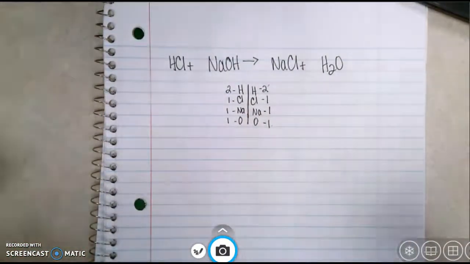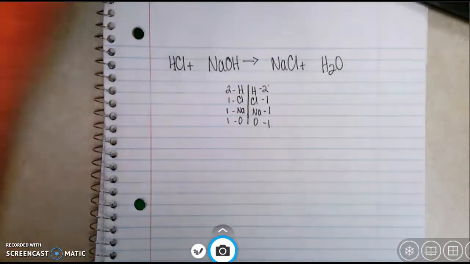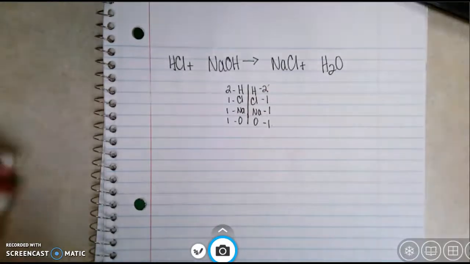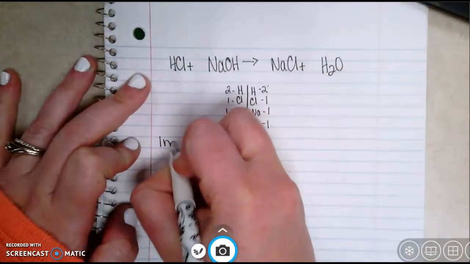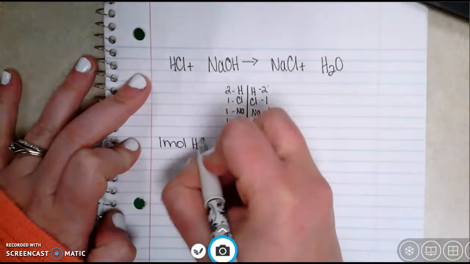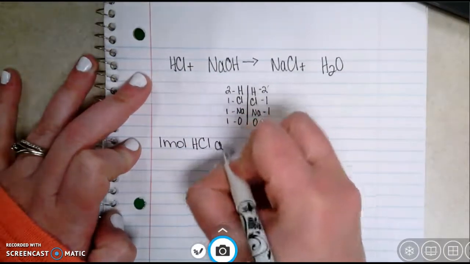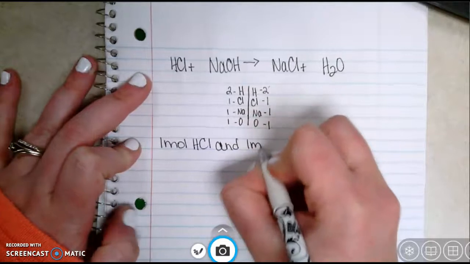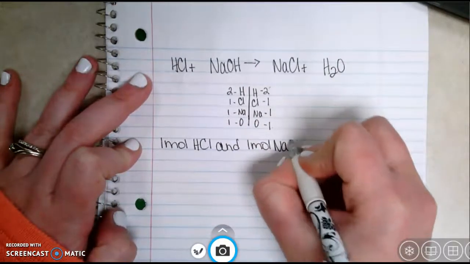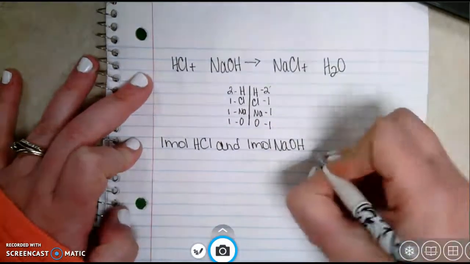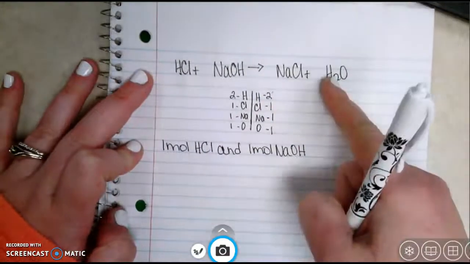So the second step that I'm going to do, and what you'll be asked to do on question number 1, is to write out what this means. What this means is that for every 1 mole of HCl and every 1 mole of NaOH, I'm going to get 1 mole of my products here.